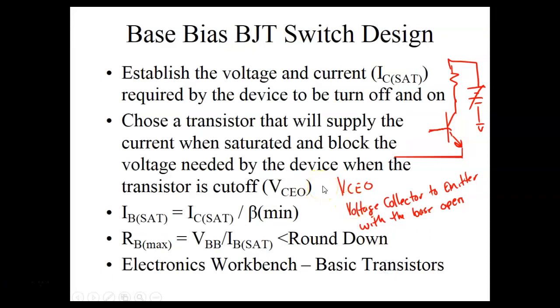So IBSAT is going to be IC divided by beta minimum. Now, why we're going to choose beta minimum is that we want to assure that the transistor saturates. So of all those betas that we listed, the only one that's guaranteed is beta minimum.